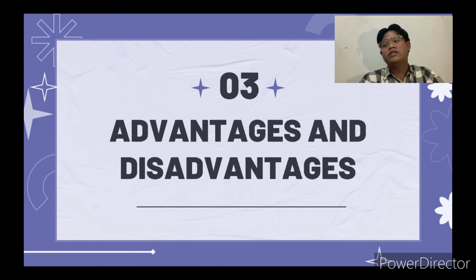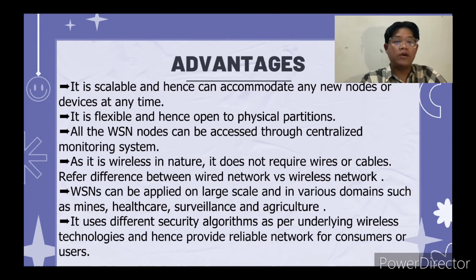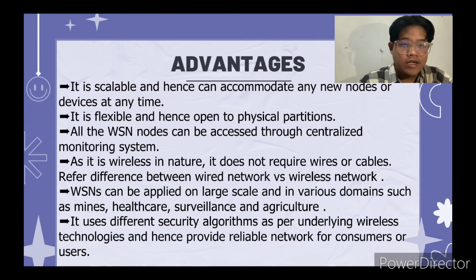After all of that, we come to the advantages and disadvantages, which is 3. I will describe the advantages first. The first advantage is that it is scalable and hence can accommodate any new nodes or devices at any time. Then it is flexible and hence open to physical partitions. Third, all the USN nodes or WSN nodes can be accessed through a centralized monitoring system. Fourth, as it is wireless in nature, it does not require wires or cables.